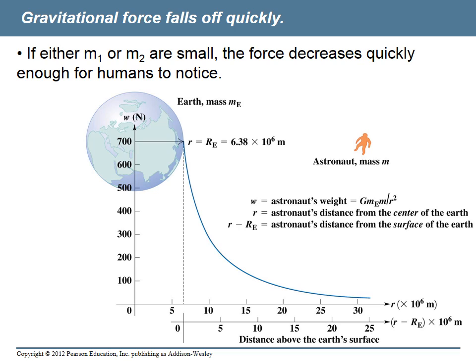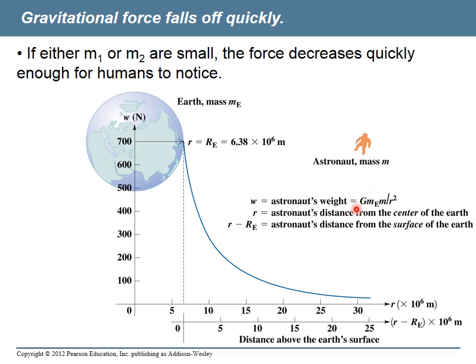Obviously, there are variations inside the Earth for the gravitational force. There's also quite a variation as you go away from the surface of the Earth, or from the center of the Earth out this way.